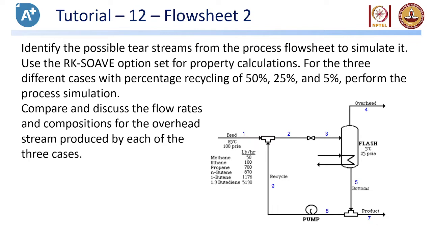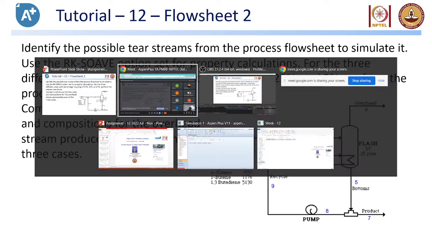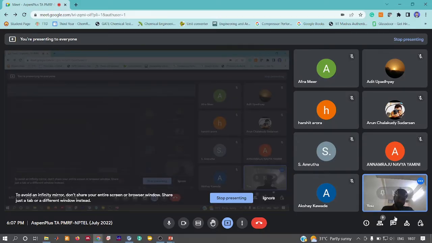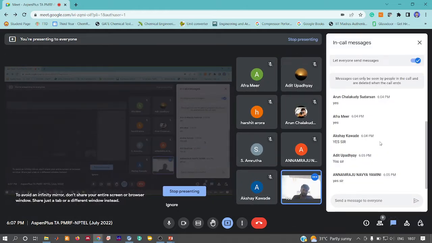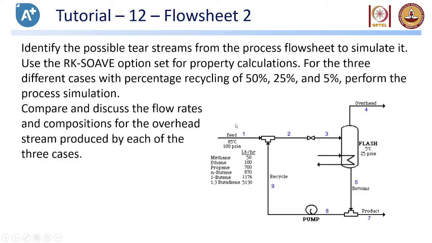Just put it in the chat box, okay? Looking at this flow sheet, can you tell me what the sequence is?